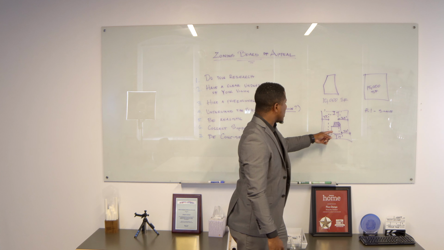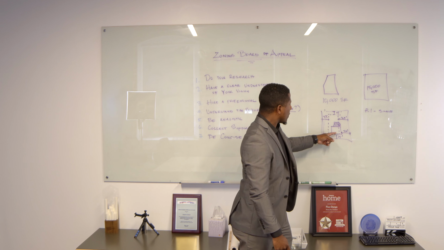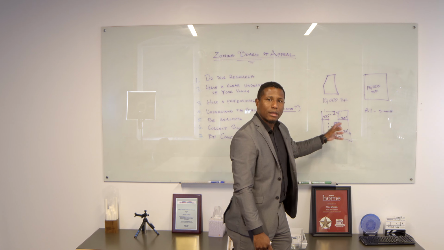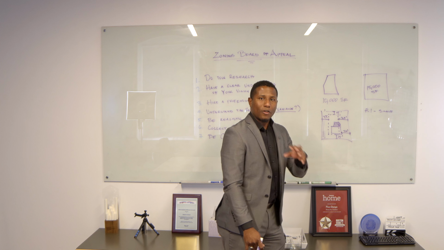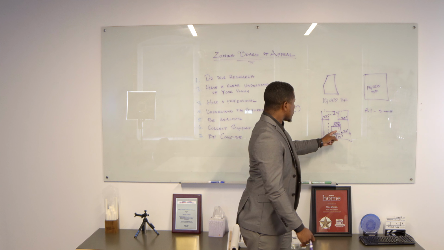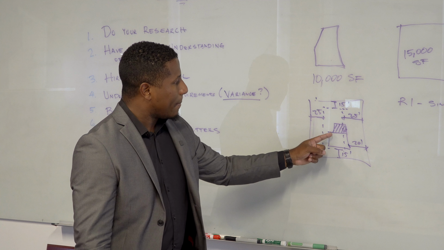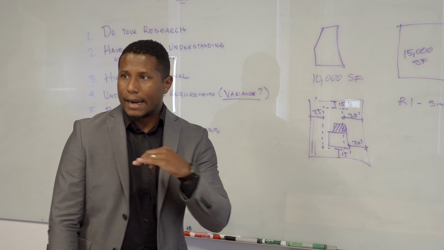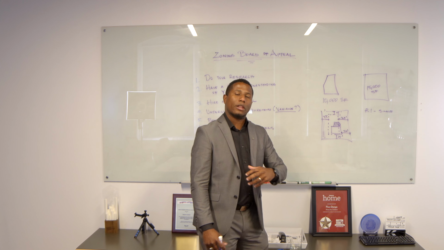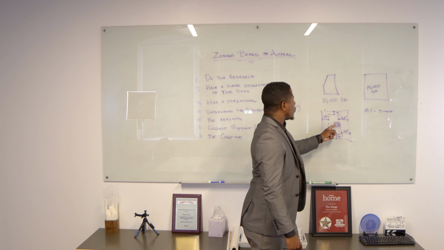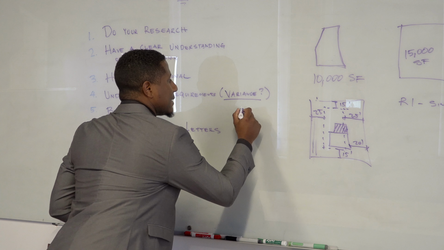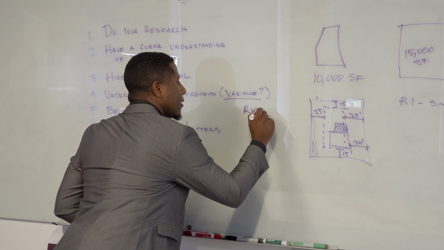So let's go back to this. If you want to do an addition here, your house on the right side is not in compliance with the zoning requirement for that particular area or district. So if you want to do an addition at the back of your house, you are increasing the non-conformity of that lot or that property, which means that you have to ask for a variance for setback, right?